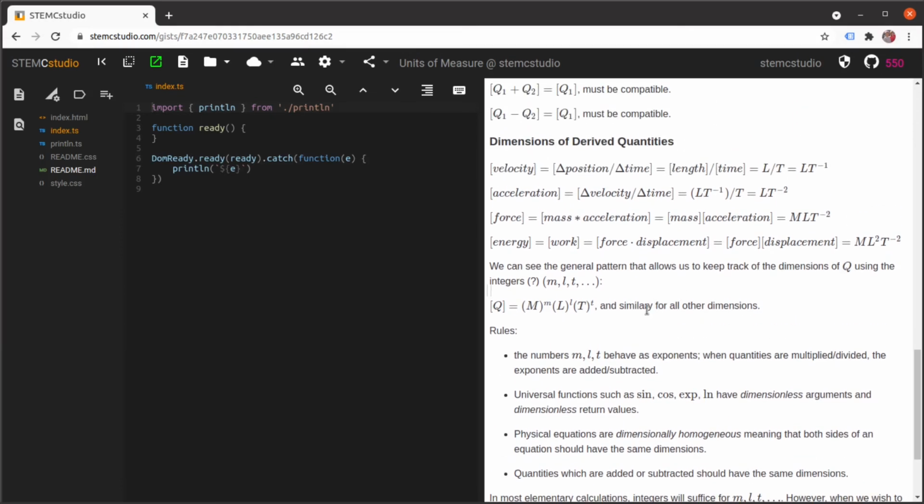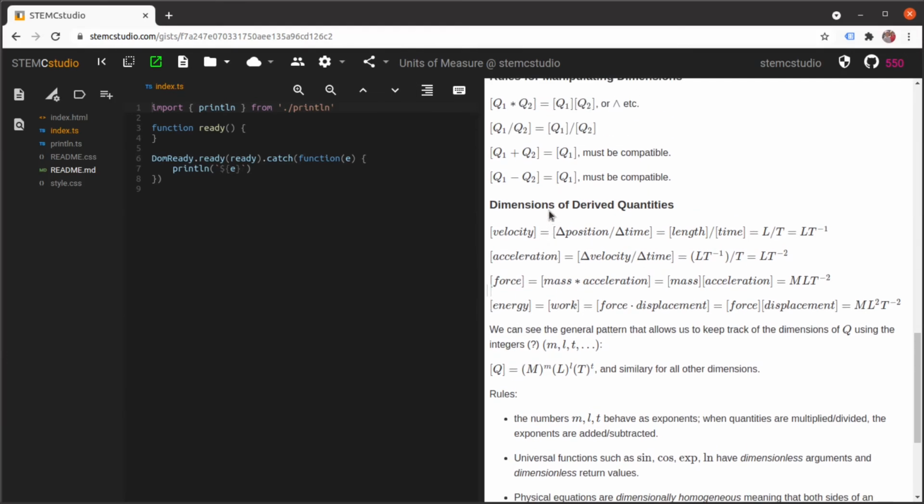Well, the way to see what's going to happen is to consider what happens when you square a quantity. If you had, for example, a length squared, then you would get L raised to the power of 2. And if you had a length cubed, you get L raised to the power of 3. So all that happens when you square or cube is you're multiplying the exponent by either 2 or 3.